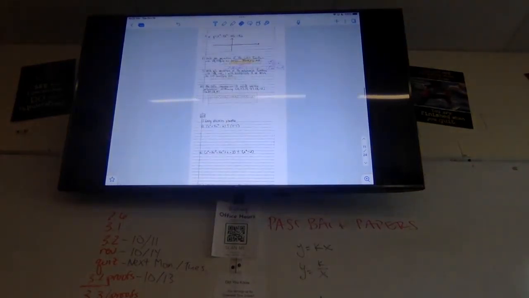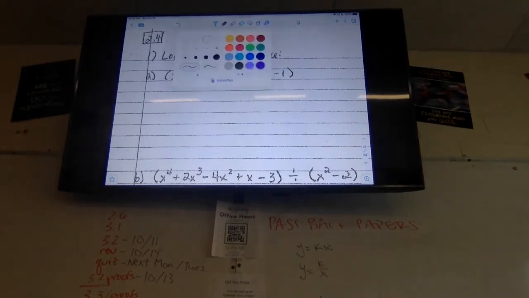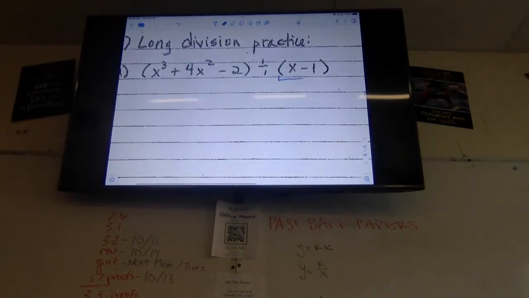Okay. Anybody else on that? As we get into 2.4, we're going to do some long division practice. Do you remember doing long division with polynomials? Good. I'm going to remind you in case you forgot, because you probably haven't done it since this time last year in Algebra 2. When we set this up, we take the second part and set it outside of my division sign, and then I take the first part and that goes under the division sign.